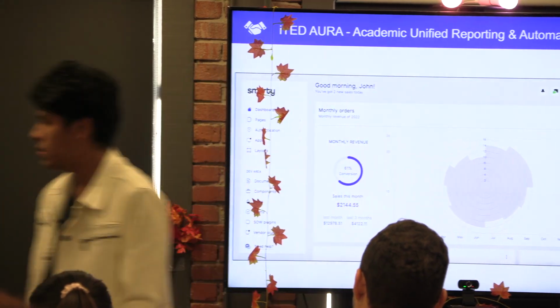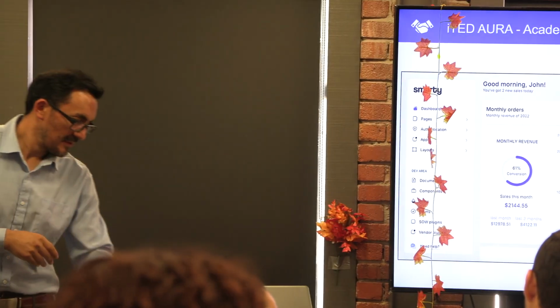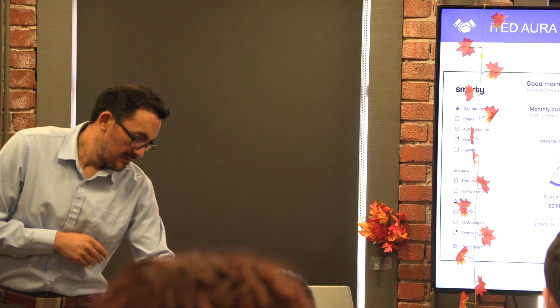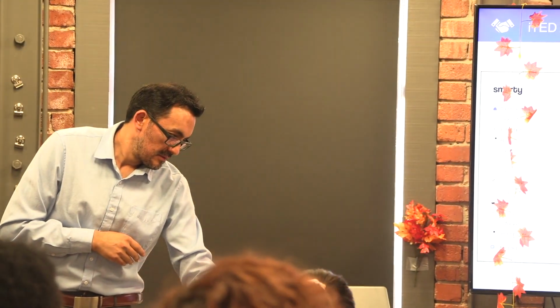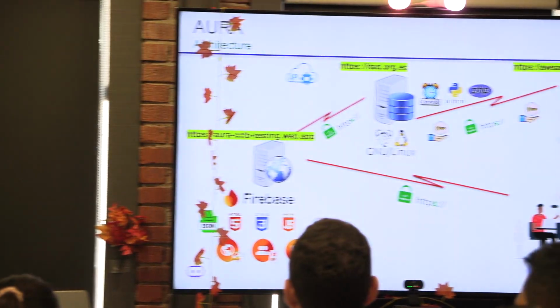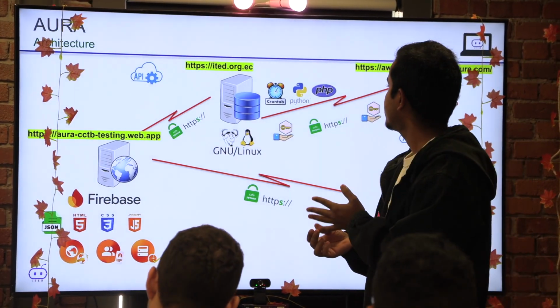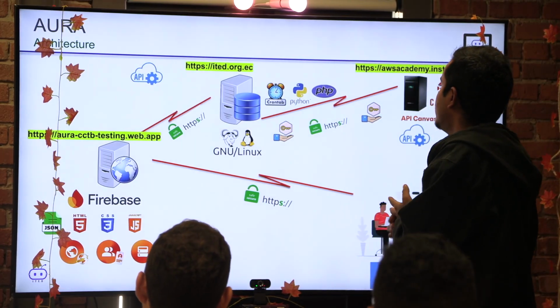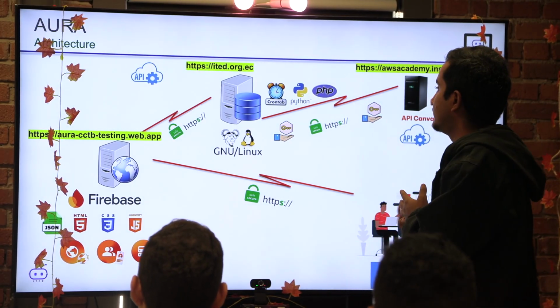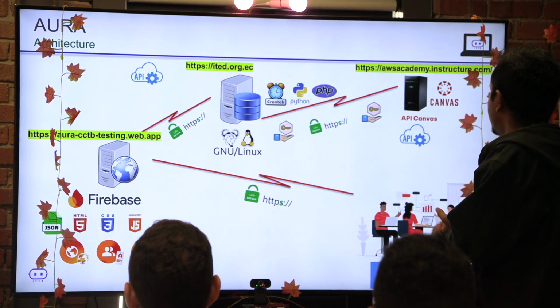Okay. Now, iTED, please come here. So our project is based on Firebase as a database and for security purposes, and we have a backend of PHP and Python on our server, which is issued by the iTED.